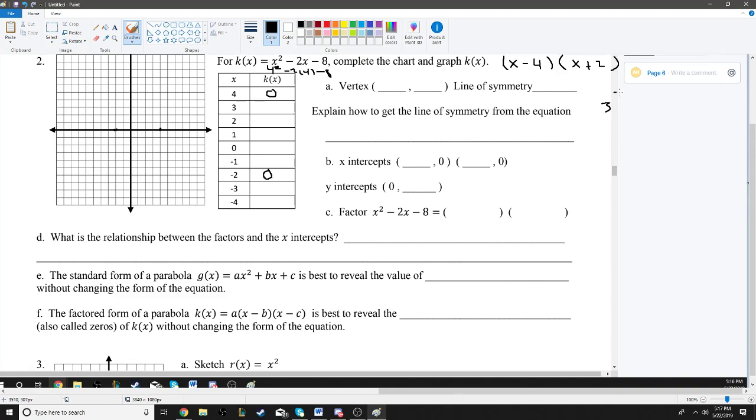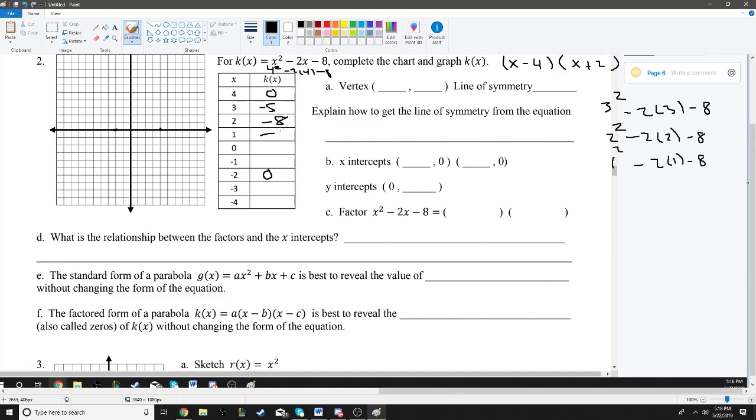We got 3 squared minus 2 times 3 minus 8. So that'd be -5. Plug in 2 squared minus 2 times 2 minus 8. That's -8. Plug in 1 squared minus 2 times 1 minus 8.